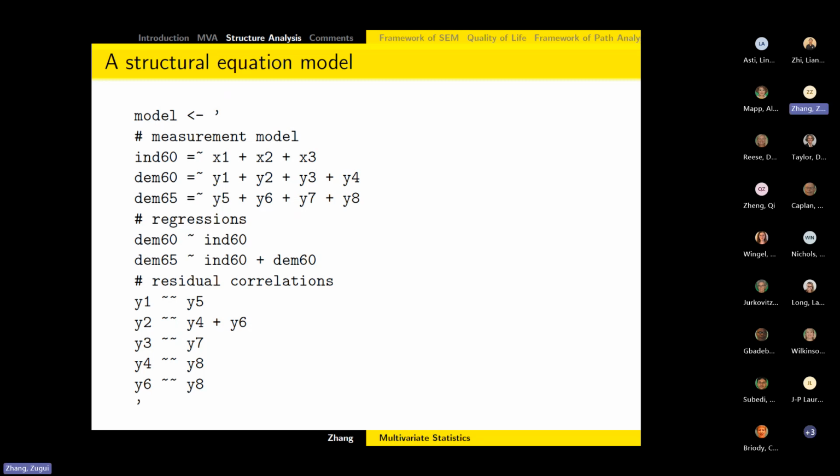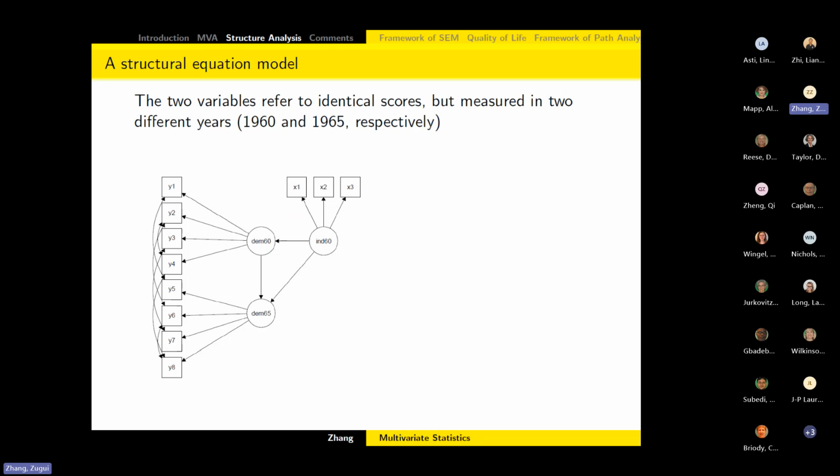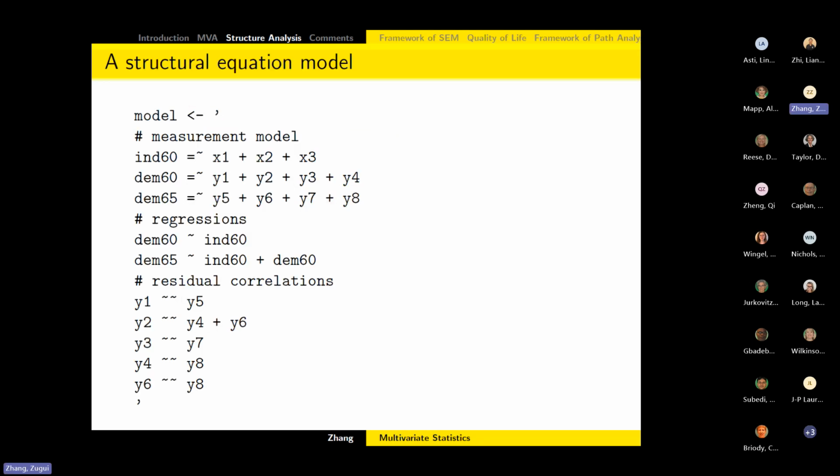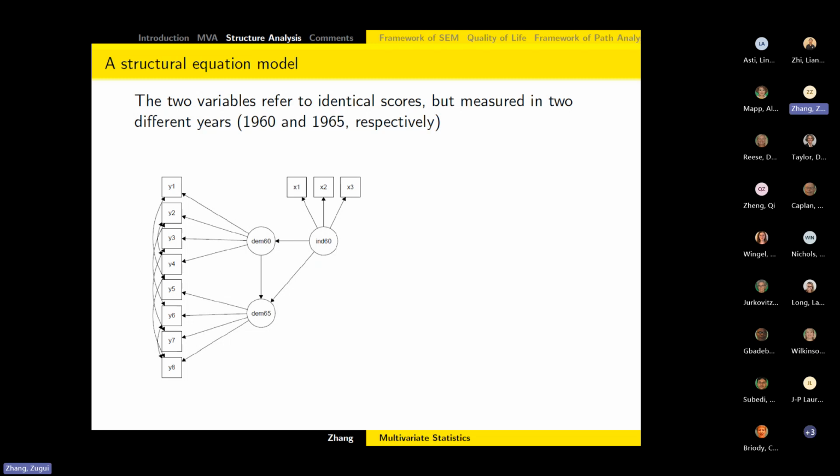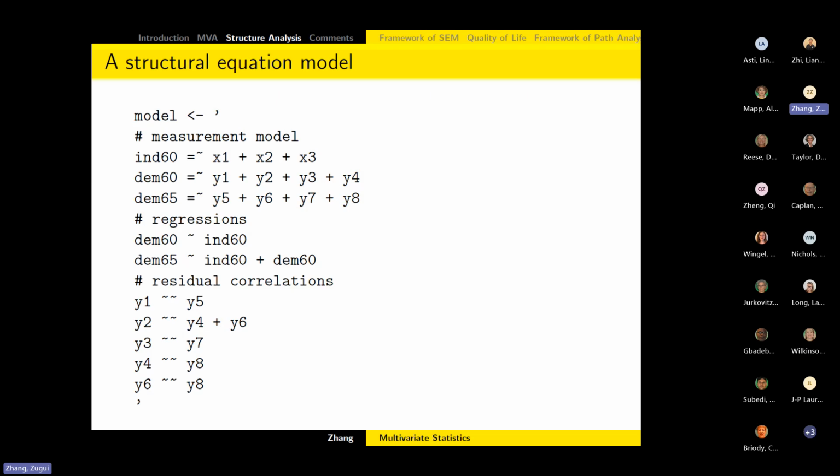And then for this structure, we can have the measurement model. As we can see, for the 3 latent variables, DE-CTR, IND-60, and DE-65, we can specify the measurement model.